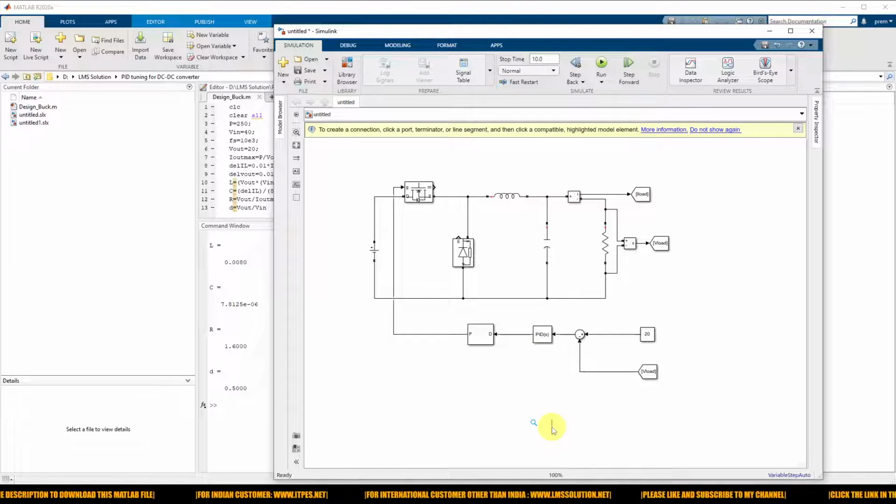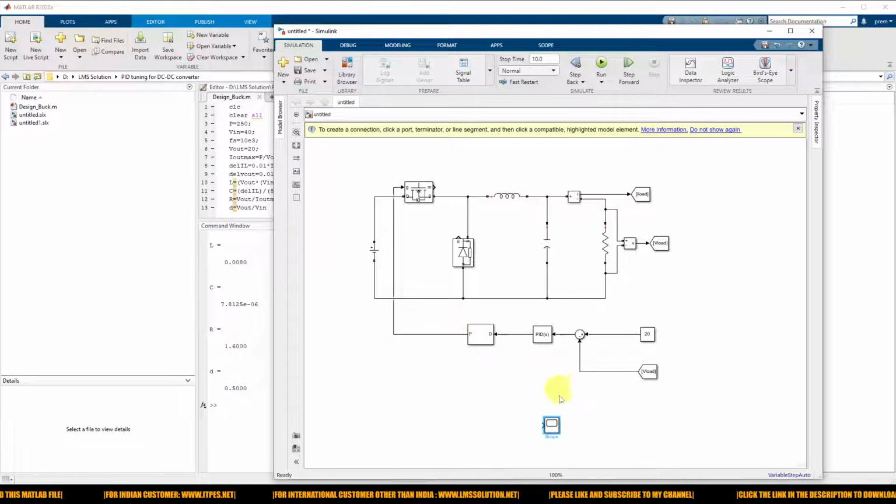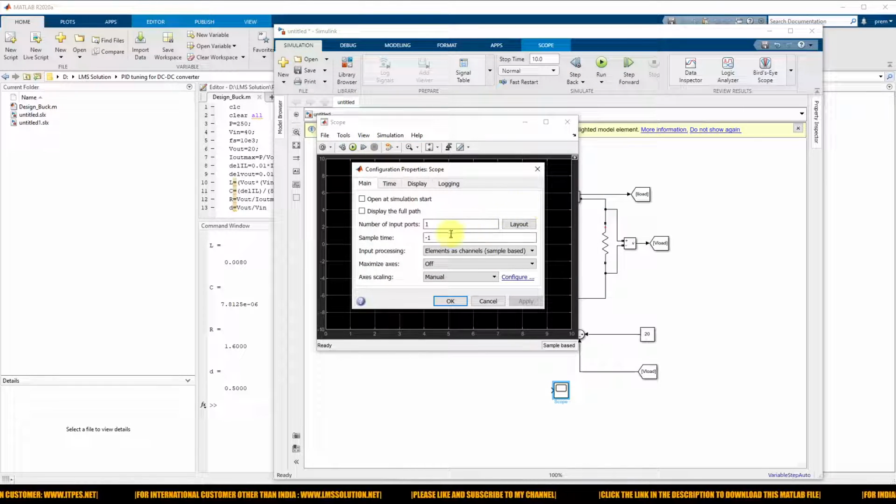Next you have to measure the waveform. By using a scope, just click this one, and I'm going to see three things: the load voltage, the load current, and the duty cycle variation.